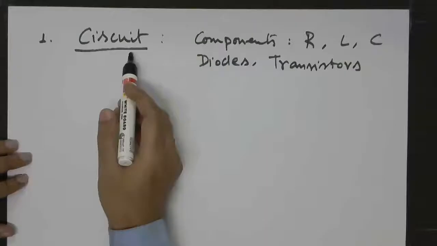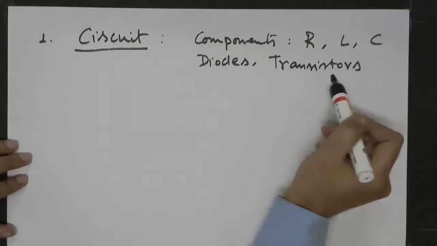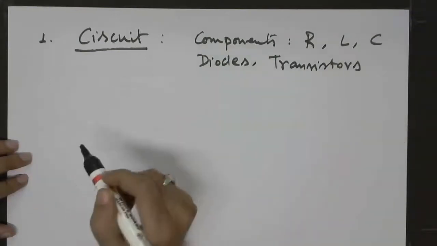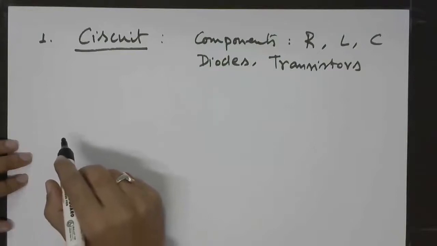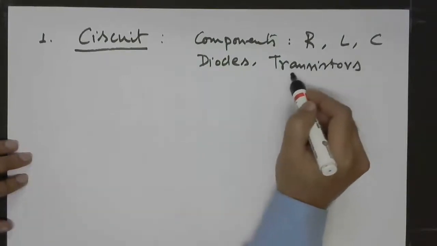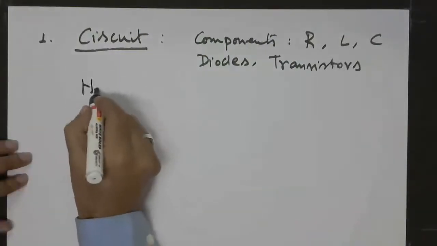So what is a circuit? A circuit is an interconnection of some of these elements or components with at least one loop, that means one closed path. And this interconnection of all these elements or some of these elements is called a network.